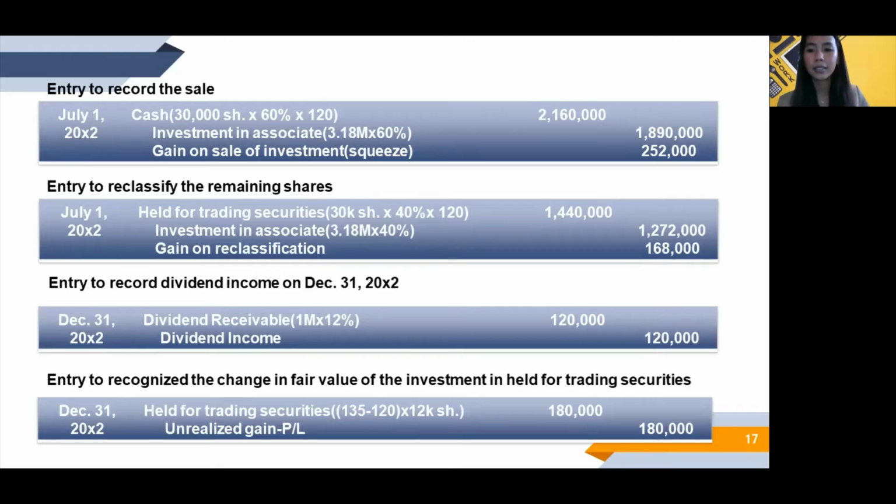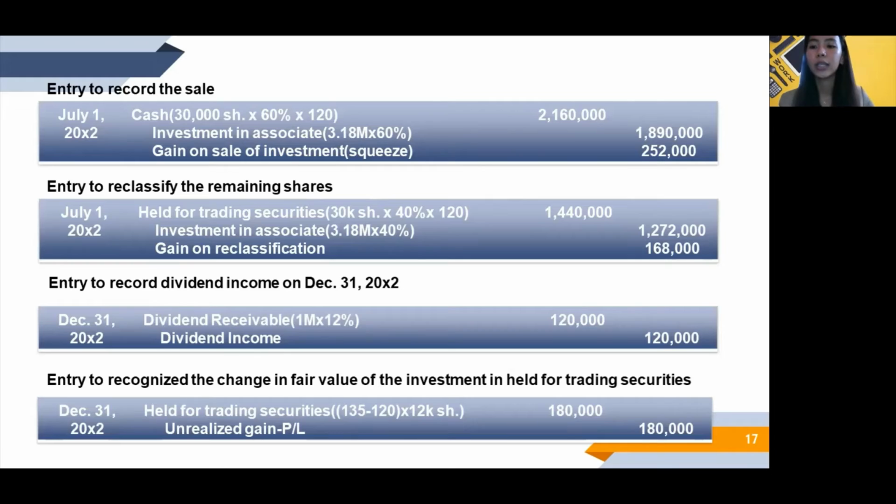This next entry is to reclassify the remaining shares. Again, on July 1, 20X2, we debit held for trading securities of 1,440,000, which is the 30,000 shares multiplied by the 40% unsold portion, then multiplied again by the 120 pesos market price per share.